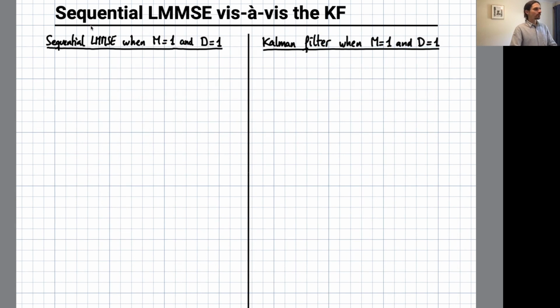So let us compare the sequential LMMSE estimation algorithm with the Kalman filter to establish the appropriate connections in our brains. And we will do that for the case of a single parameter, and when the observations are scalar valued. This is for simplicity, just to focus on what really matters.